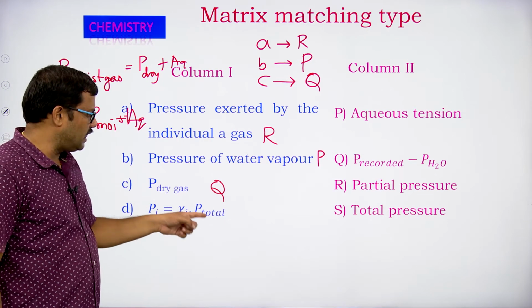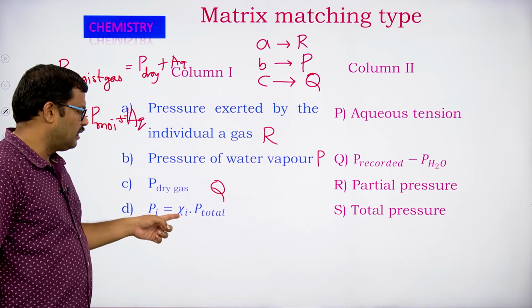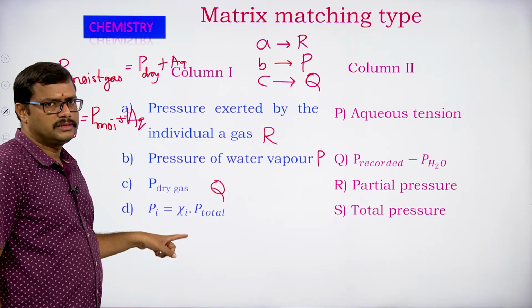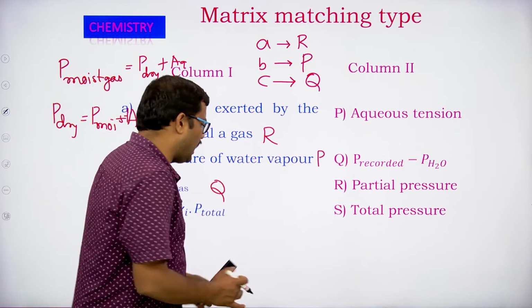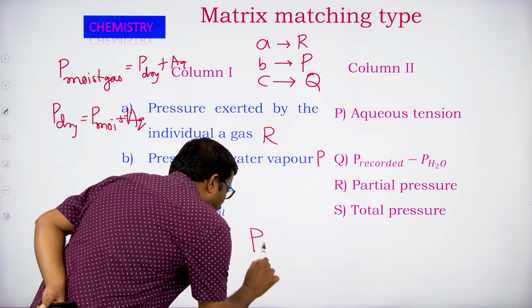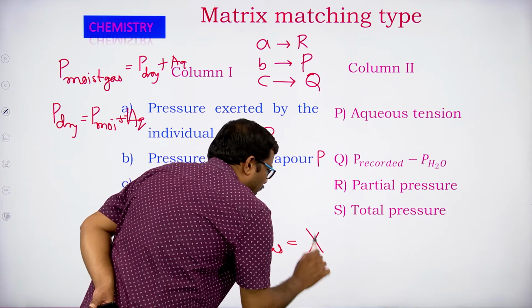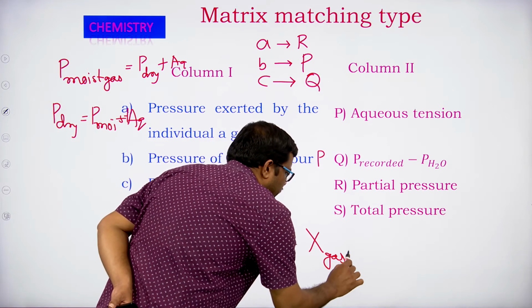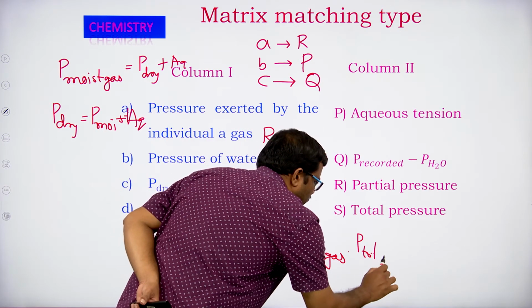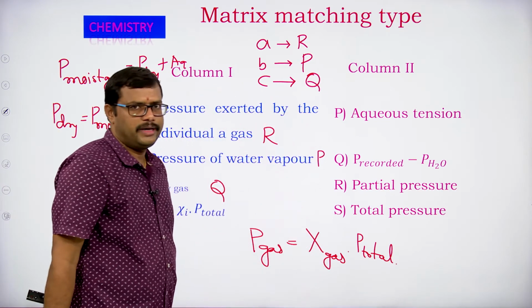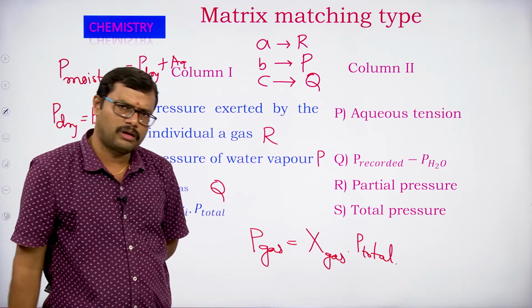Pi equal to Xi into P total. What is Xi here? It is the mole fraction of the ith gas. So, the pressure of any gas we can calculate by using the equation: partial pressure of a gas is equal to the mole fraction of the gas into P total. This is the equation which we have derived, and based on this concept we have done so many problems also.